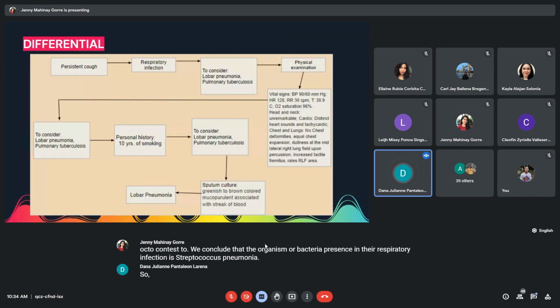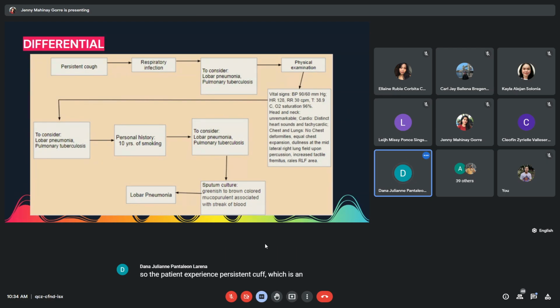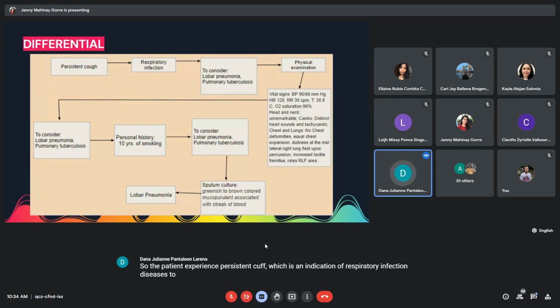So the patient experienced persistent cough, which is an indication of respiratory infection. Diseases to consider are lobar pneumonia and pulmonary tuberculosis.